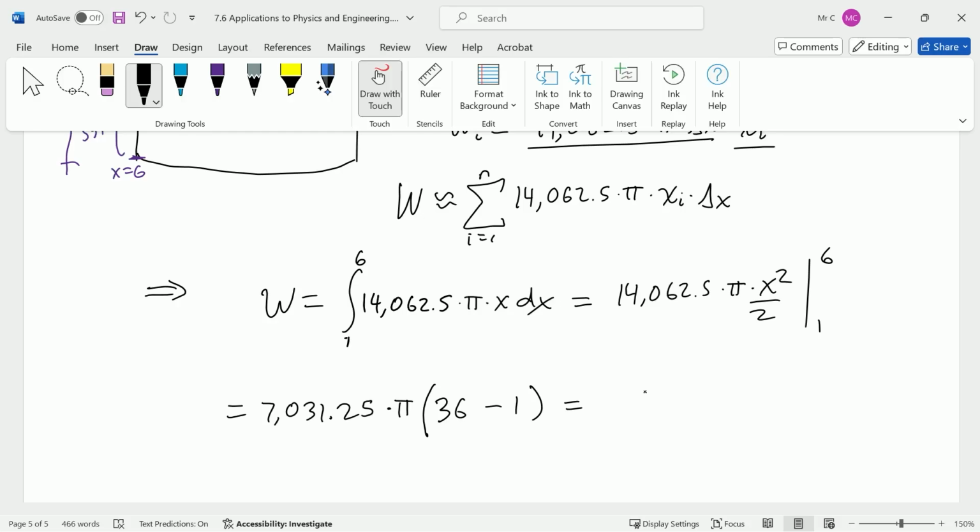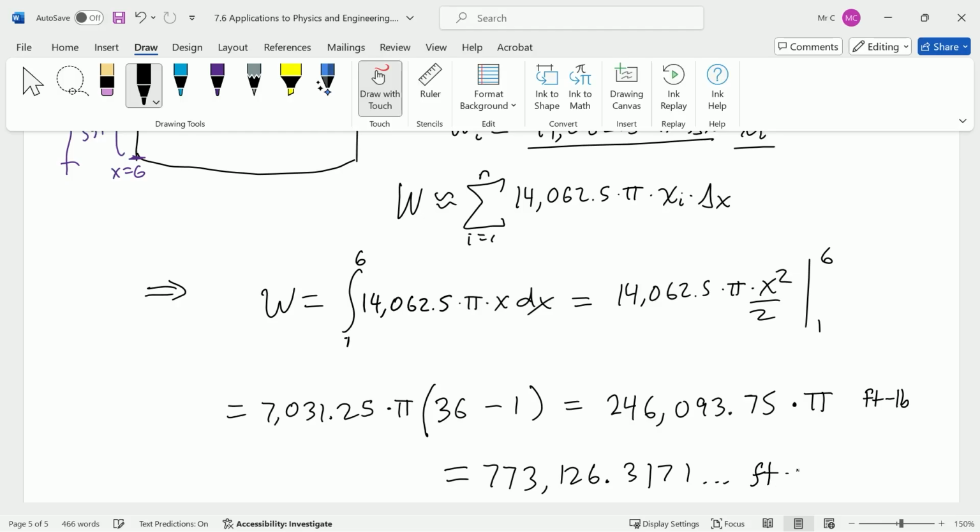So if I multiply that by 35, I get 246,093.75 times pi foot-pounds. And if I multiply by pi, we get 773,126.3171 ... foot-pounds.